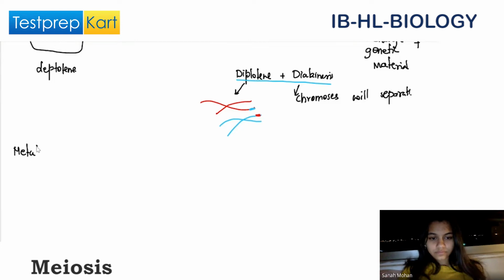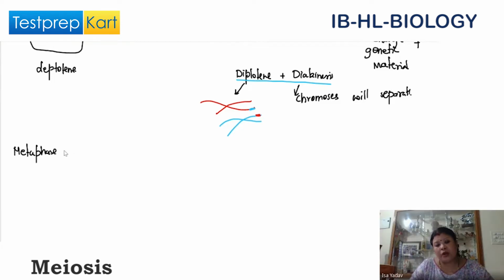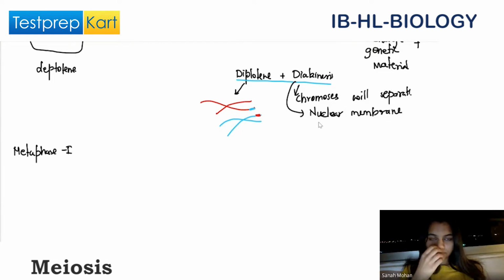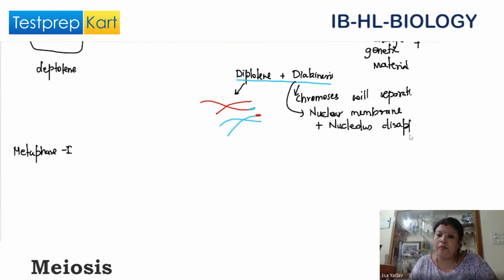In diakinesis, the nuclear membrane and nucleolus disappear. Okay, the nuclear membrane and nucleolus disappear.